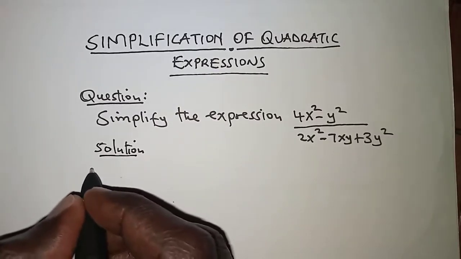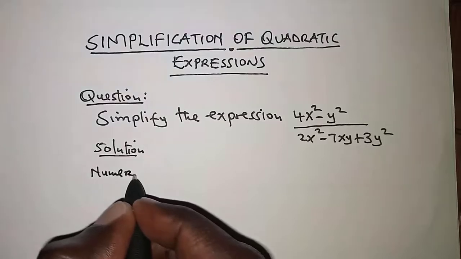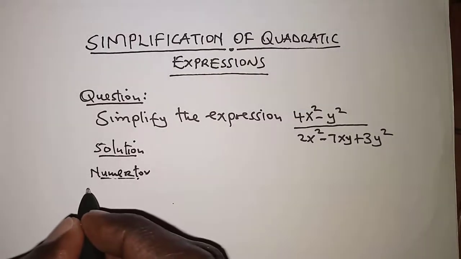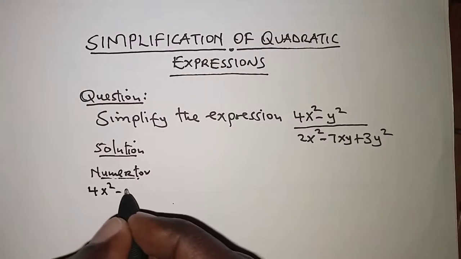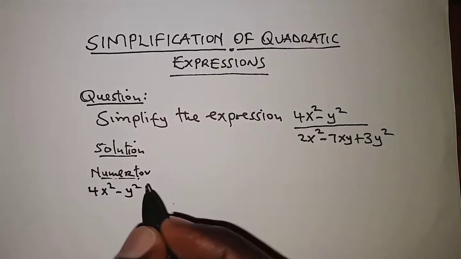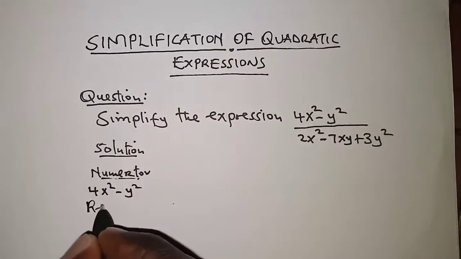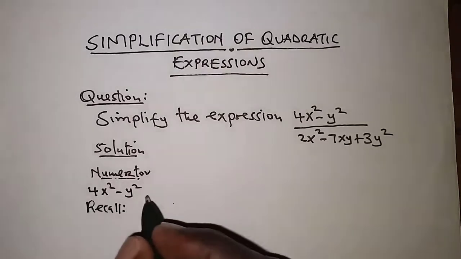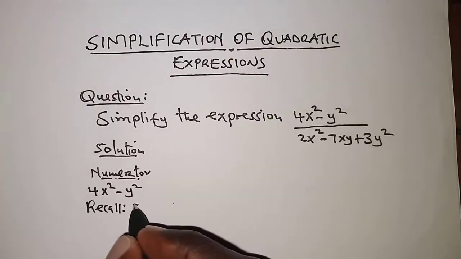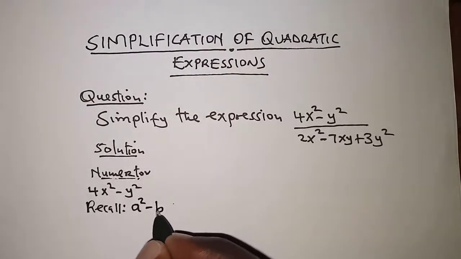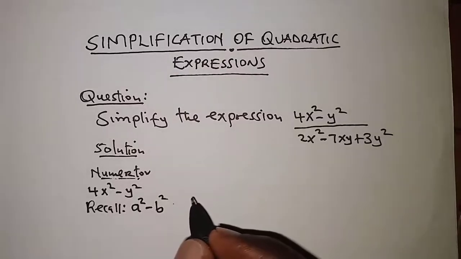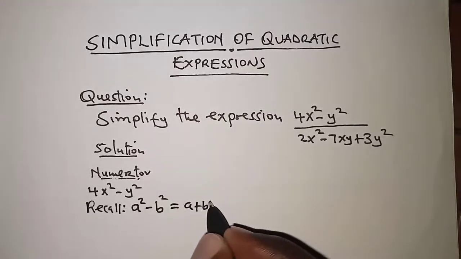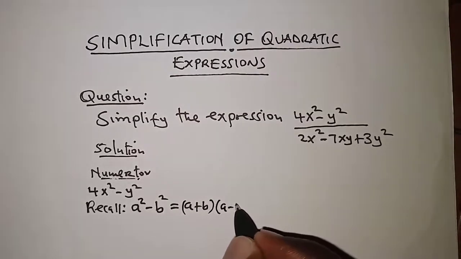So beginning with the numerator, we have 4x squared minus y squared. So we are going to recall that 4x squared minus y squared is a difference of two squares, and given a difference of two squares, from the quadratic identities, this would give us a plus b into a minus b.